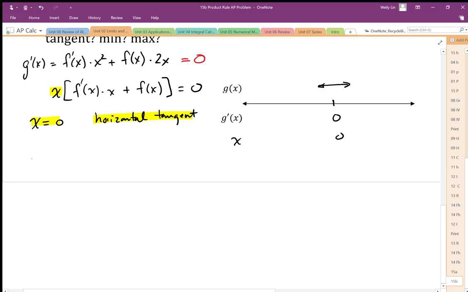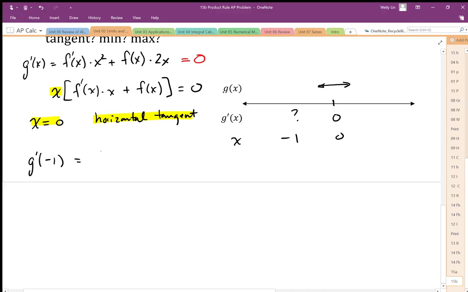So my g prime, I can just try to calculate g prime at -1. So negative values of x are going to be here. So -1, I want to know what's happening to g prime here.